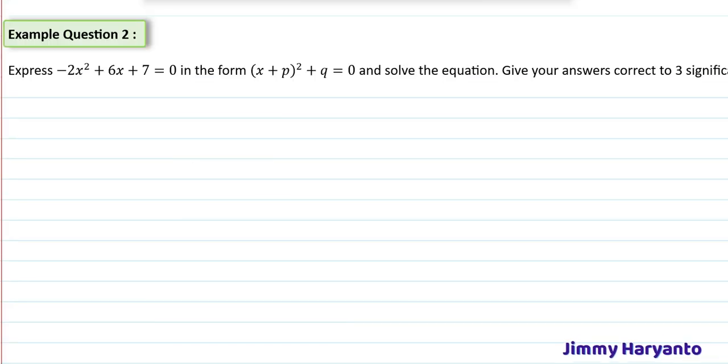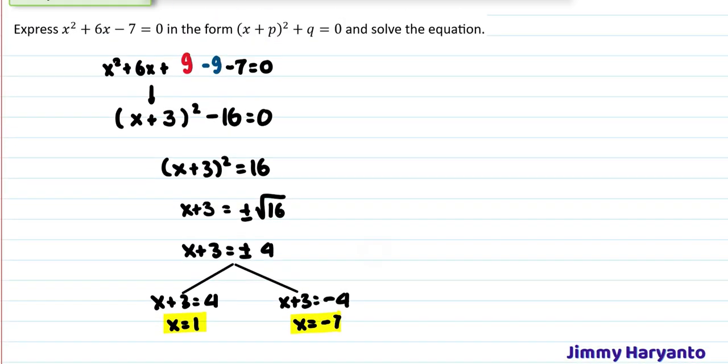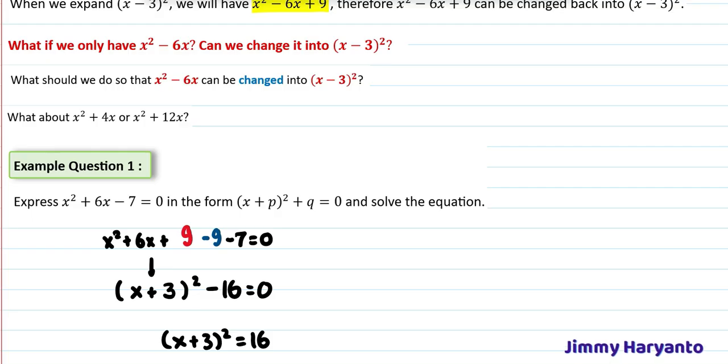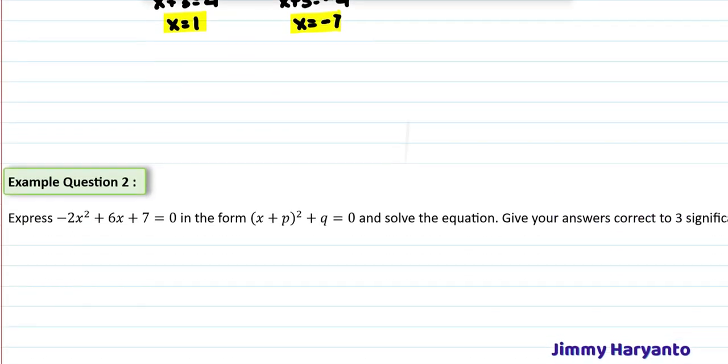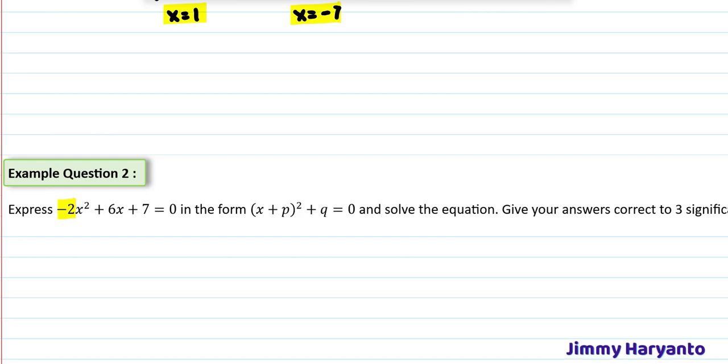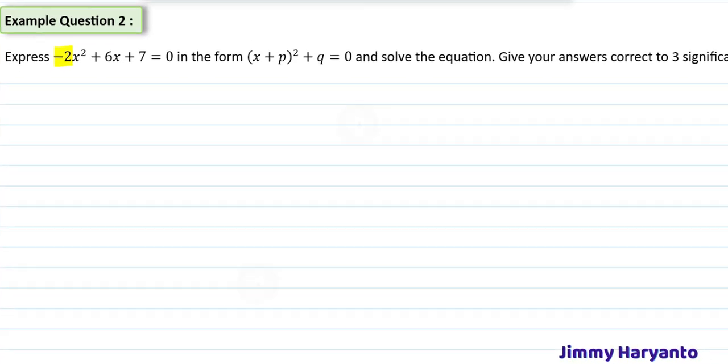Okay, and then let's try this one. For this one, the x squared has a number in front of it, not like the previous one, where the x squared doesn't have any number in front of it. This one has negative 2 in front of the x squared.